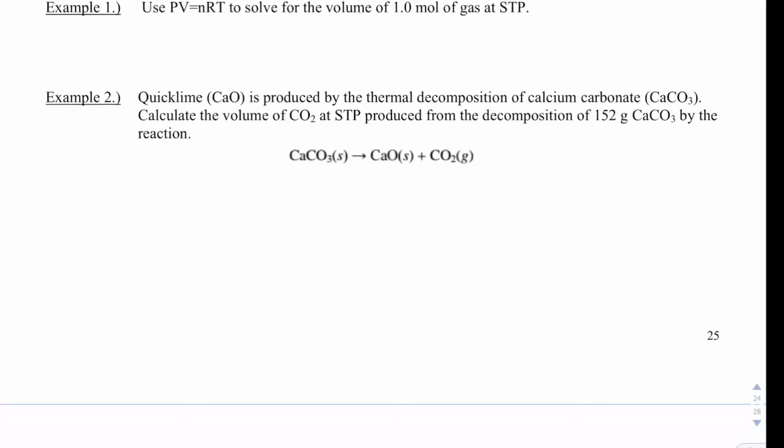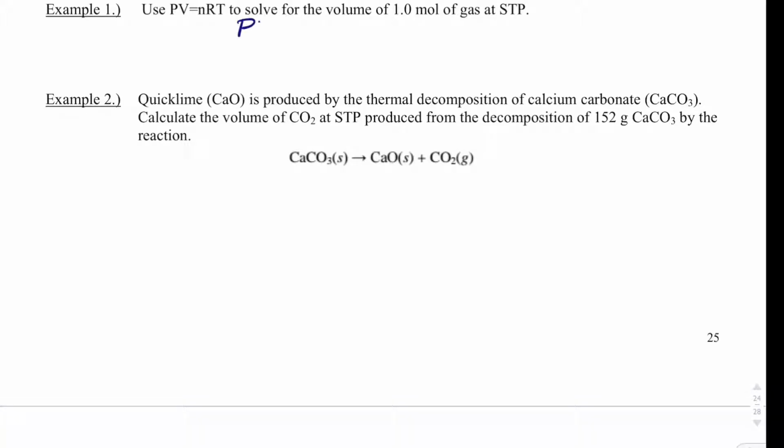In example 1, I have said use PV equals nRT to solve for the volume of 1 mole of gas at STP. If we're at STP, that means standard temperature and pressure, so the pressure is 1.0 atm and the temperature equals 273 Kelvin. So I can plug in 1.0 atm.